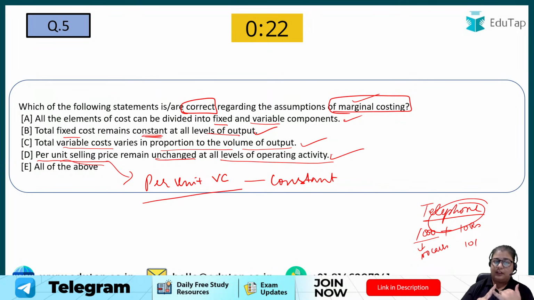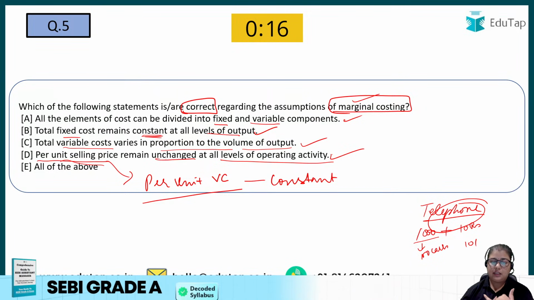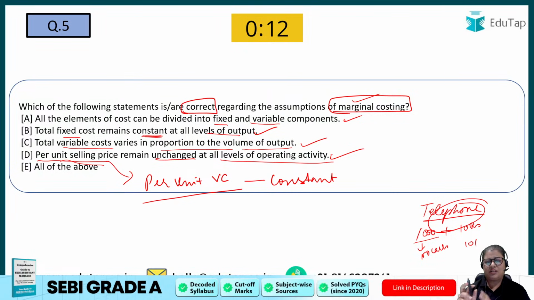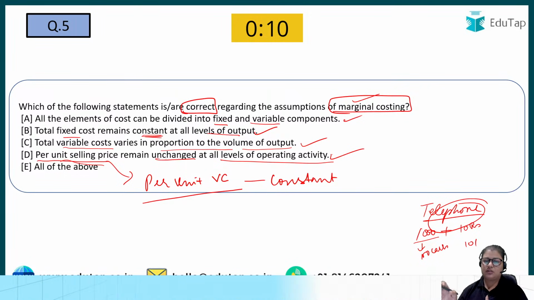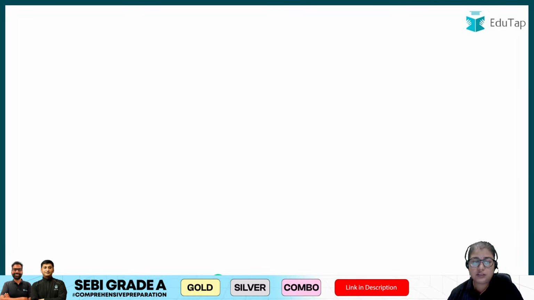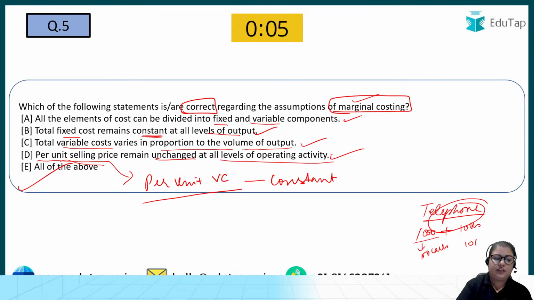This is the assumption of marginal costing, right? This is again a very important question, because questions can come according to the assumptions, or statement questions can come, so this is important. So the answer is E, all of the above.